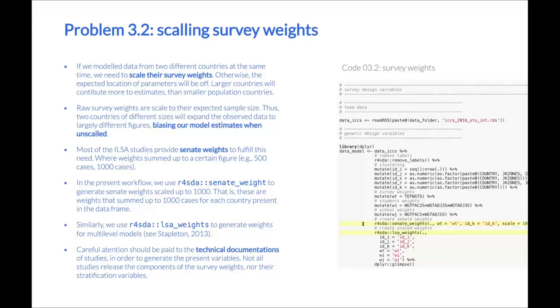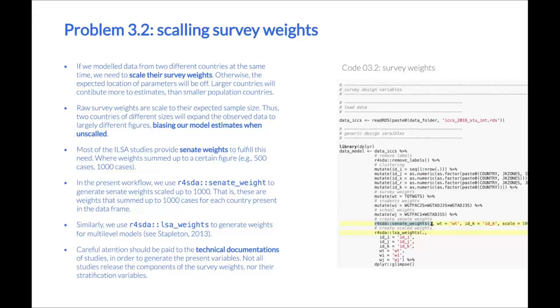So these are just two functions. Probably the simplest one is the one that can create Senate weights. The main advantage of this function is that you can create Senate weights over any type of data frame.